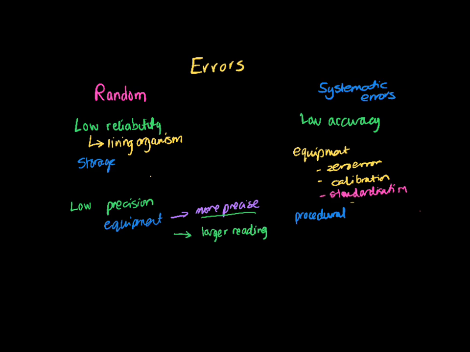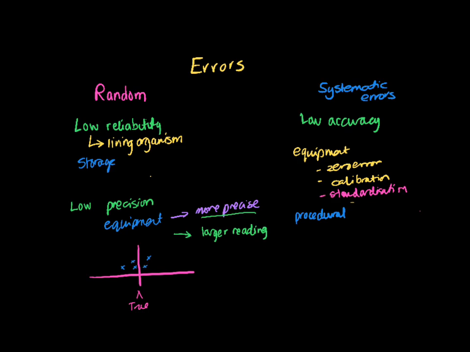If you have random errors, the other thing I haven't mentioned is what happens when you average a random error. So let's say this is my true value here. When I take readings with a random error, sometimes they're going to be too high, sometimes they're going to be too low.